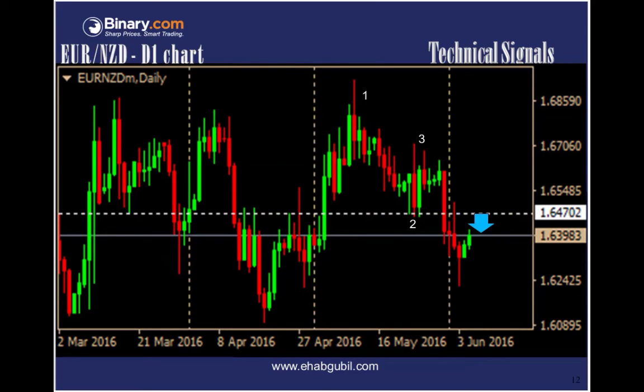Euro New Zealand daily chart. This strategy is called the 1, 2, 3 strategy. There is no uptrend, but still a strong move upwards. As you can see, this is what we call number 1 in this strategy. If this peak is not surpassed, it will become point 1 after a good move of the market upwards.